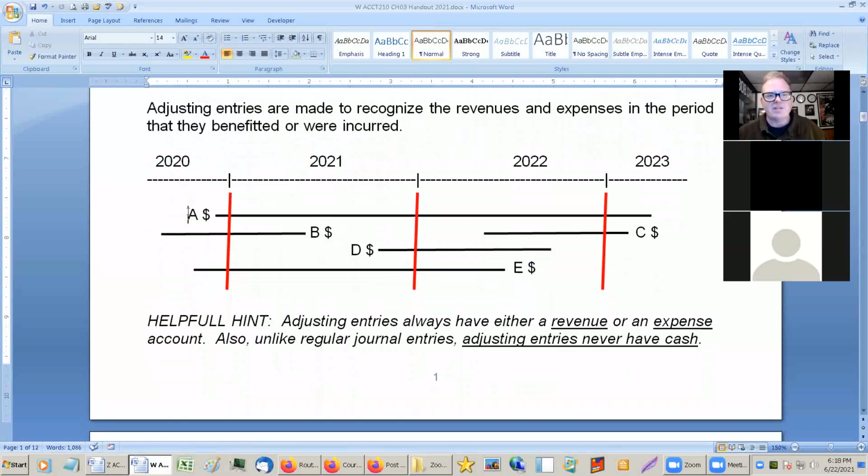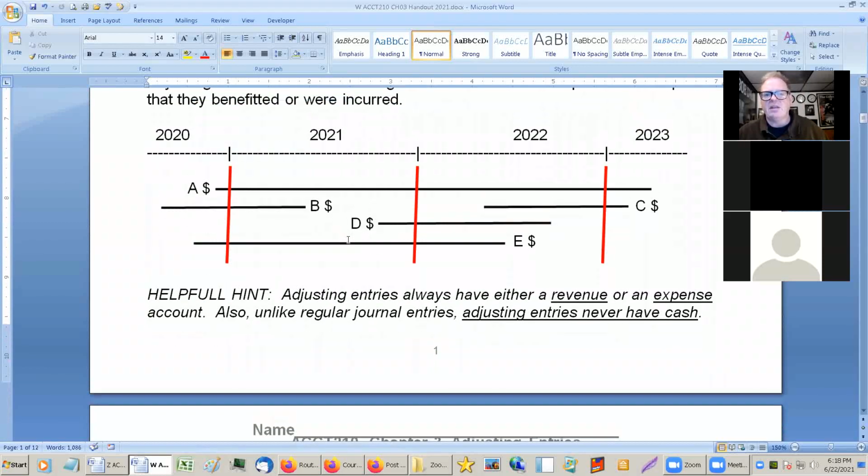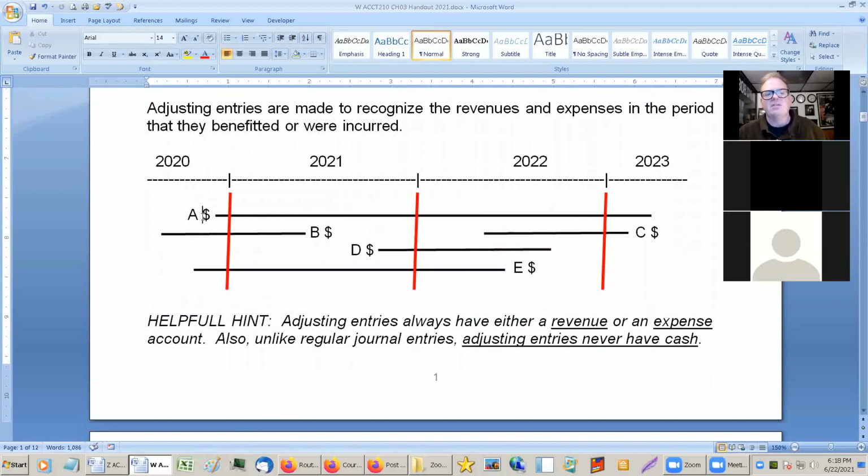So you may have all these transactions, transaction A, B, C, D, E, and A is a deferral. The money's changed hands, but it's going to go into the future. Maybe you bought a truck and you're going to expense it going into the future. B is just the opposite, that the money hasn't changed hands yet, but a transaction has occurred.